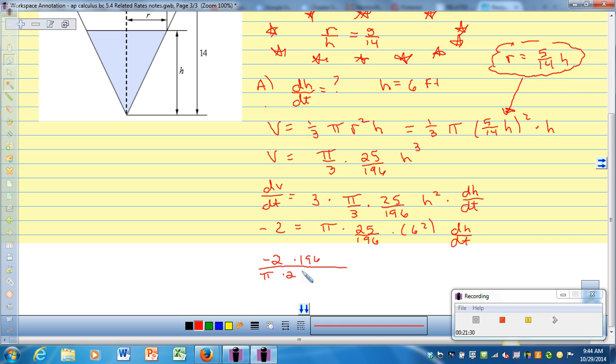So h equals what? 6. They told us for this point in time. And give me a value when you got it.